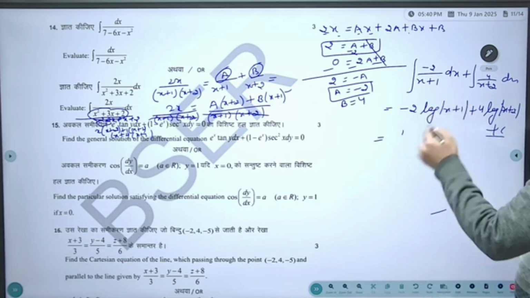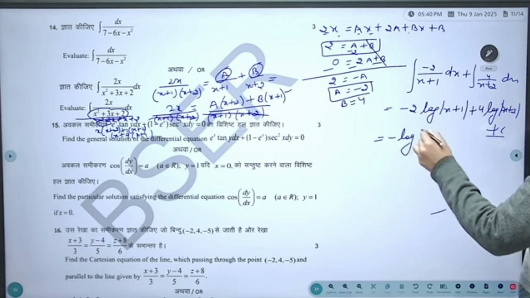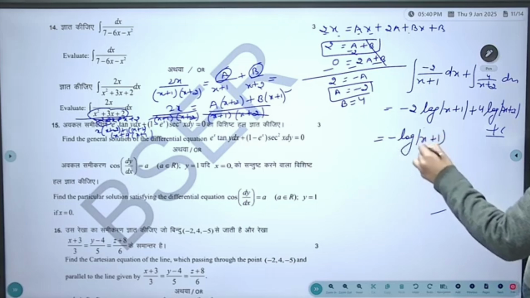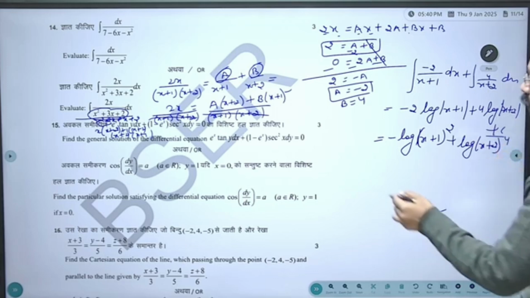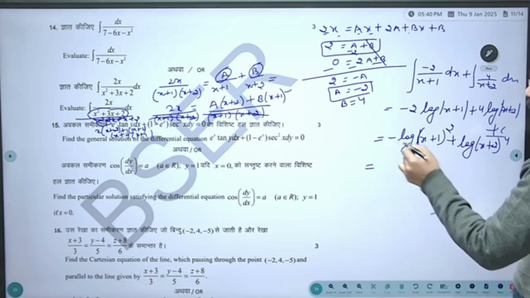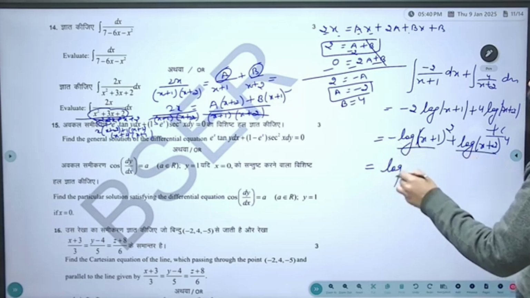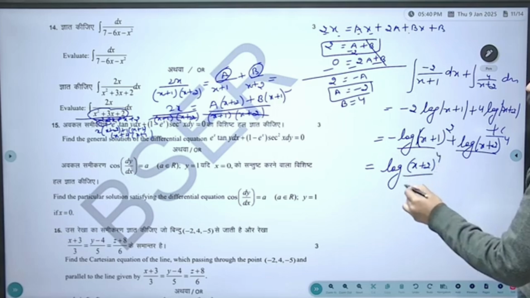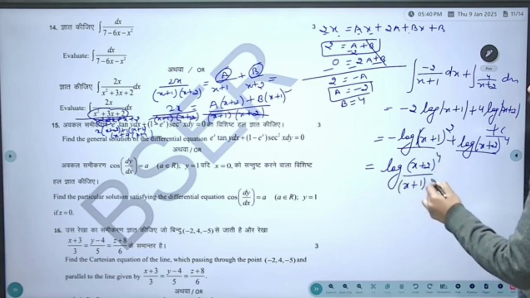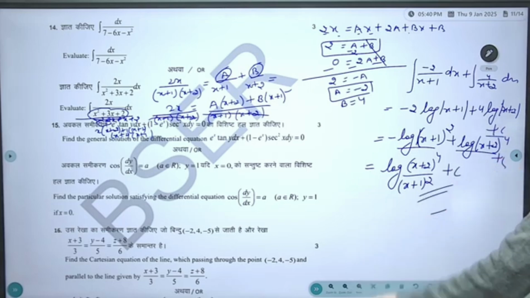How? This power 2 will go in power, then minus log (x plus 1) whole square. This will also go in power, log (x plus 2) power 4. This is log a minus log b, so its formula will be log a upon b. At the place of a, (x plus 2) power 4, at the place of b, (x plus 1) whole square, plus c. This is our final answer.